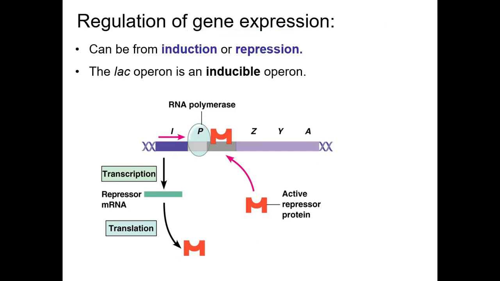The lac operon is an inducible operon, which mainly means that it is shut down. The E. coli cell does not usually have the lac operon turned on so that the lactase gene is not made. Can anyone tell me why E. coli might want to normally have the lactase gene or the lac operon shut down?